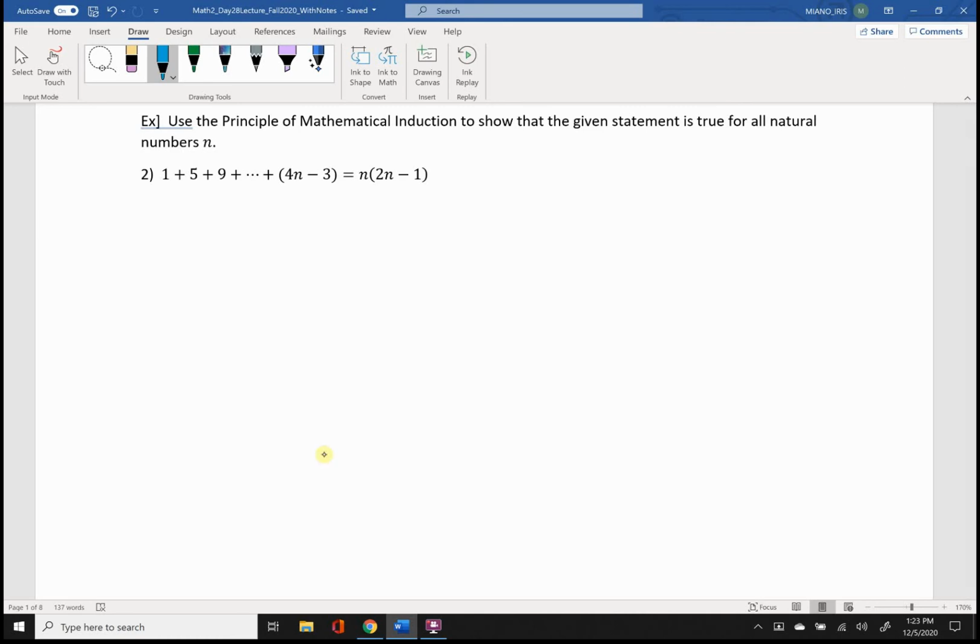Again, step 1 is show that n equals 1 is true. My bad, n equals 1 is true. For this one, you can either just take the first term, or a more thorough process is to take the structure of that nth term and plug in a 1 for n.